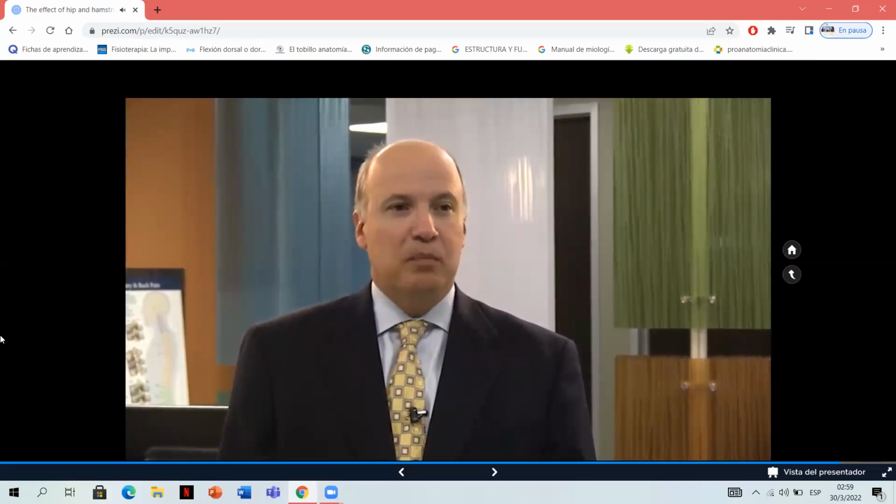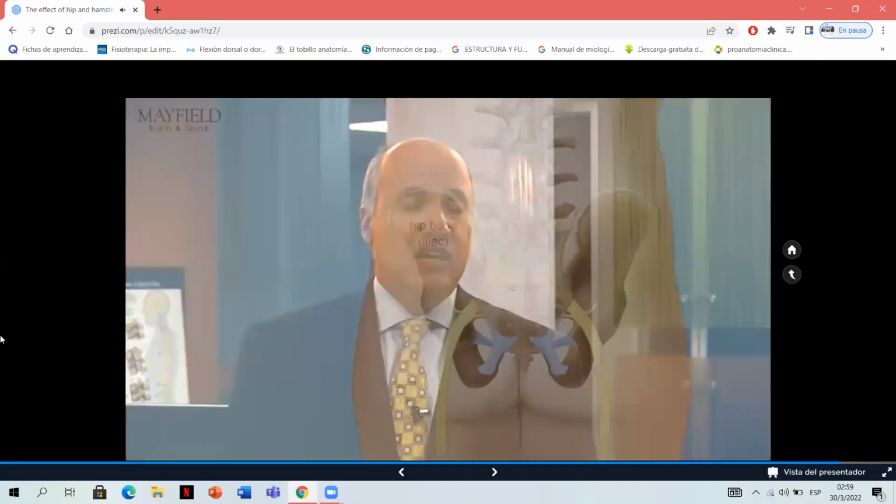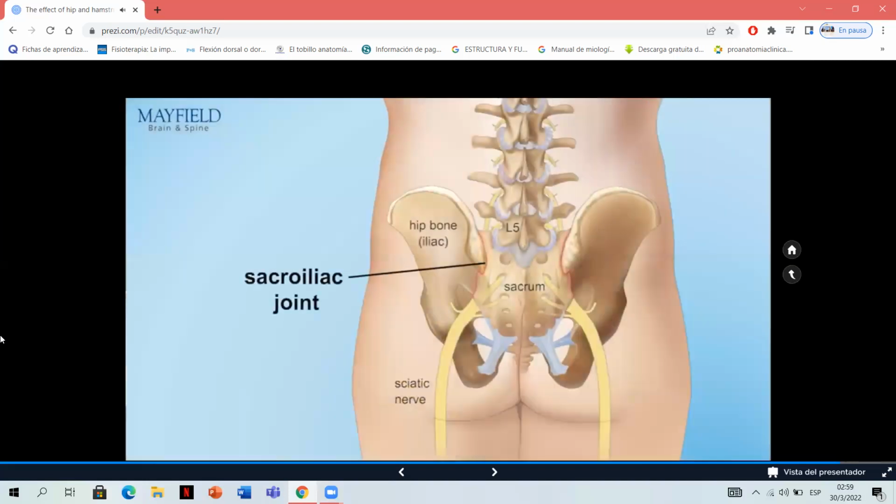And so what we have begun to recognize, certainly to a much greater extent in the last few years than we had previously, is that sometimes that back or hip or leg pain can actually be coming from the sacroiliac joint, which is not technically part of the spine. It's actually the junction of the spine with the pelvis.